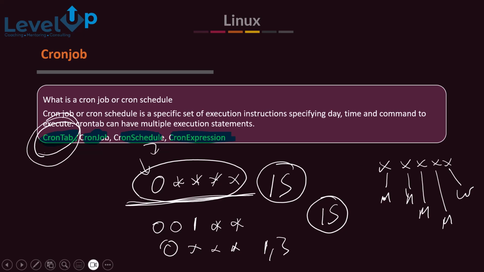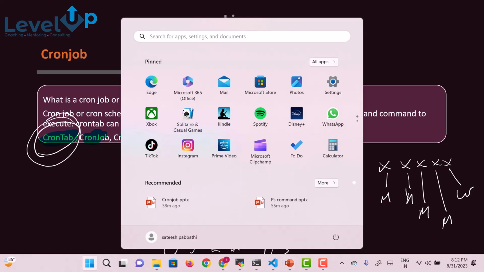So there are five asterisks. The first asterisk determines the minute of the hour. The second asterisk determines the hour. The third asterisk determines the day of the month. The fourth asterisk determines the month. The fifth asterisk determines the day of the week. Based on whatever schedule we want, we can create that schedule.